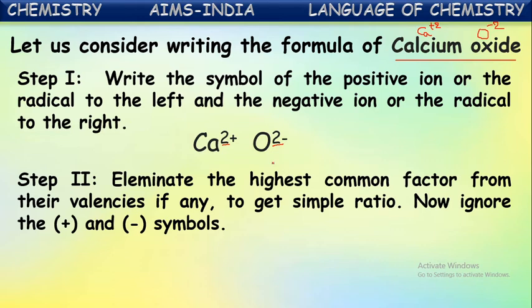By that, what we get here is Ca1, O1. What we have done is eliminate the number 2 from these two valencies as the highest common factor, so they became 1 and 1, and then we ignored the positive and negative symbols from their charges. So it became Ca1 and O1.